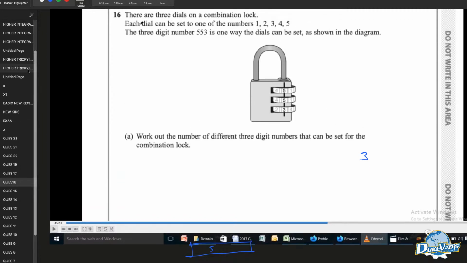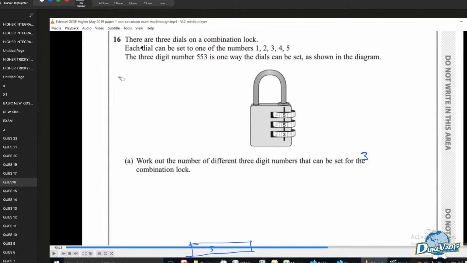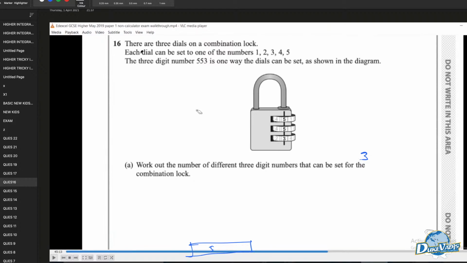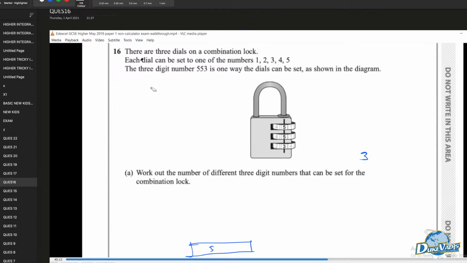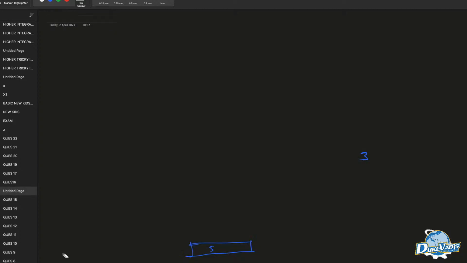As you can see, there are 3-digit numbers. 553 is one way the dial can be set, so let's take that one. We know we're on question 16. So 3 possibilities. This first one is given us 553 according to the diagram.